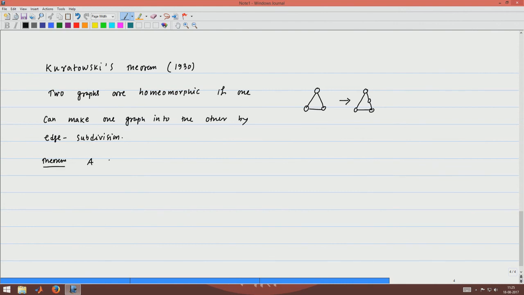And this theorem says that a finite graph G is planar if and only if it has no subgraph that is homeomorphic to K5 or K33.